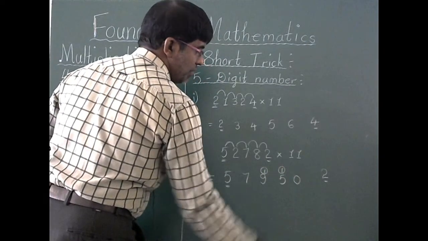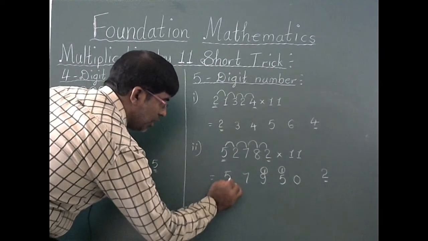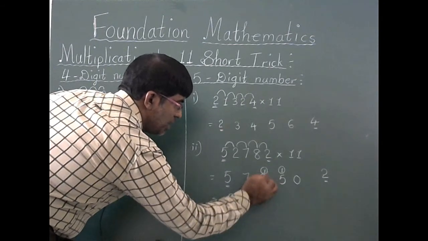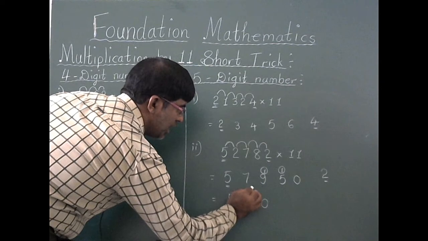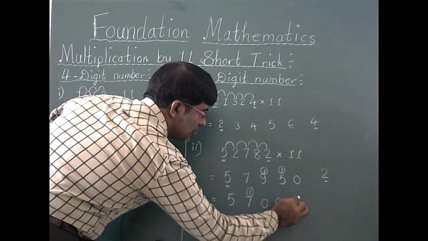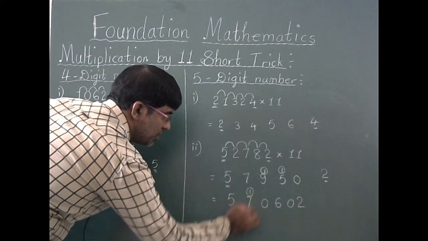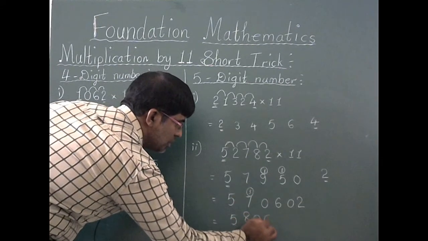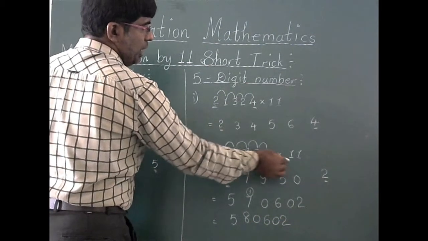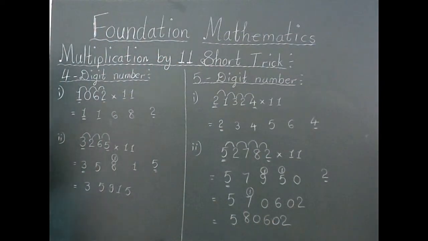The next 2 is as it is already written. Now 9 plus 1 is 10, so 1 carries to 7. 5 plus 1 equals 6, 0, 2. Next, 7 plus 1 equals 8. So 52782 into 11 equals 580602. That is the correct answer.